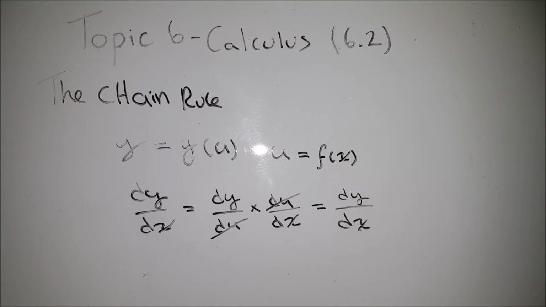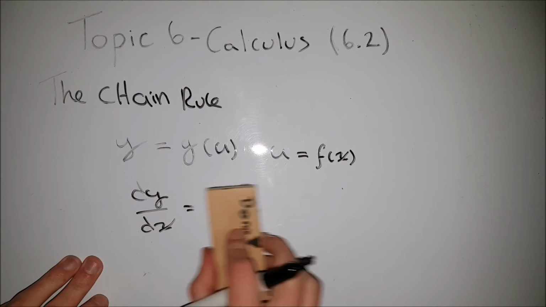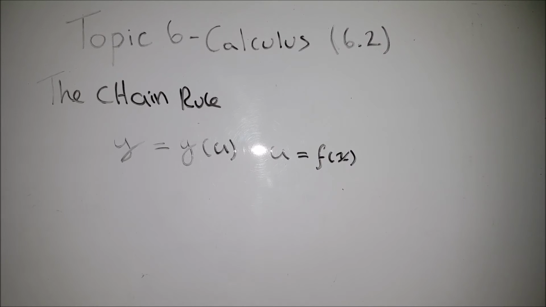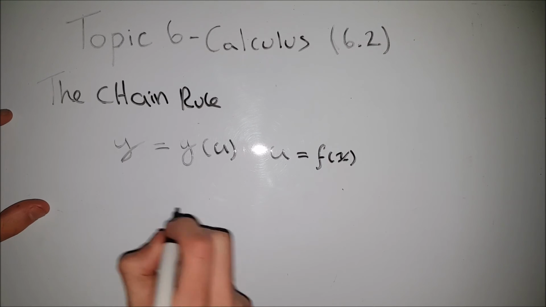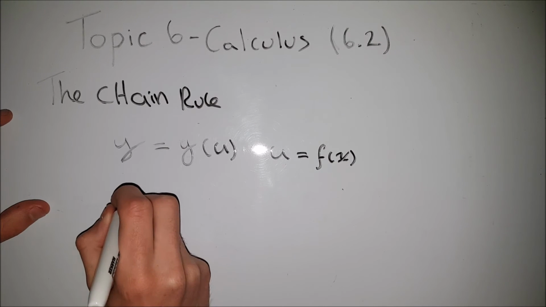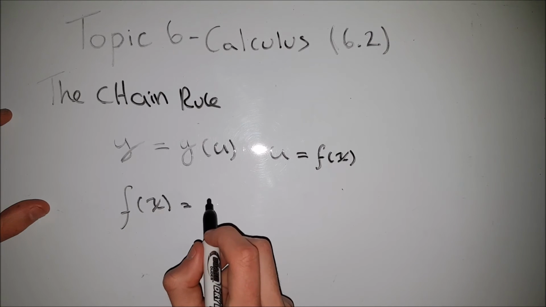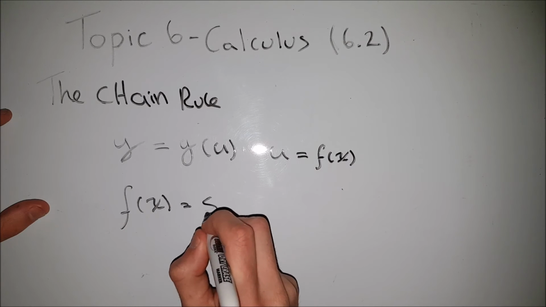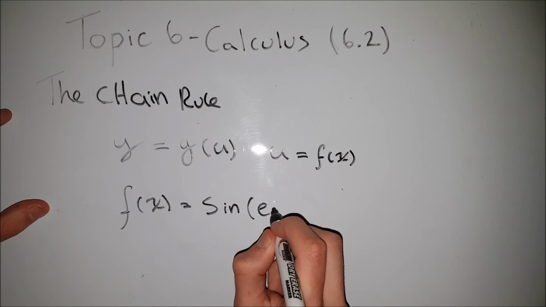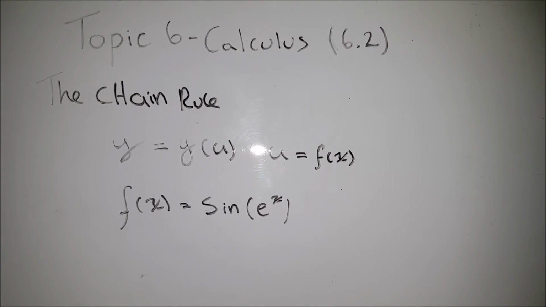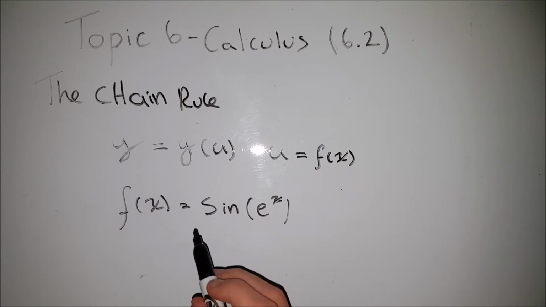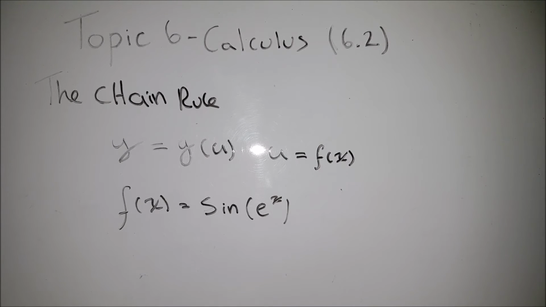So let's do an easy example so that it makes more sense. Let's say f of x is equal to sine of e to the x. Here we basically have two functions, right? We have the sine function and the e function.